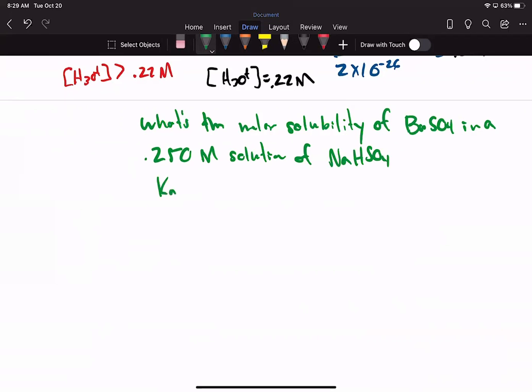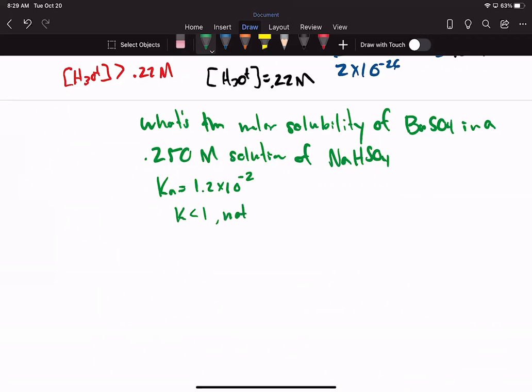All right, and let's give you some information here. So we're going to say that the Ka here is equal to 1.2 times 10 to the minus 2. And as soon as I see that, K is less than 1.